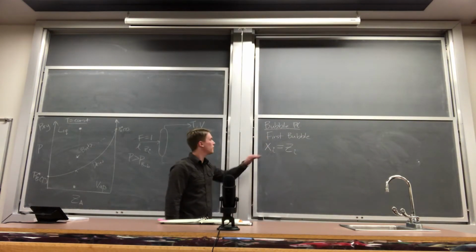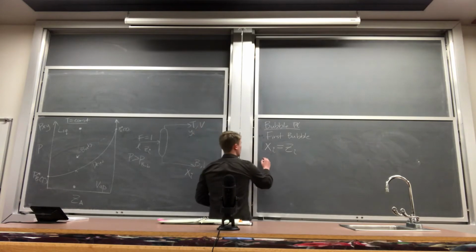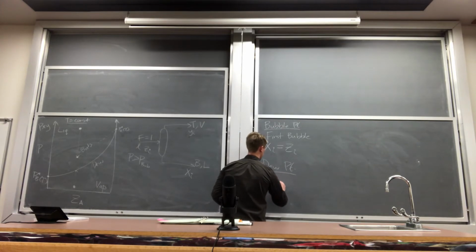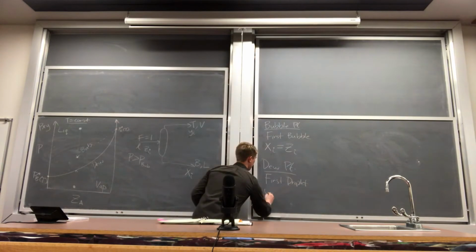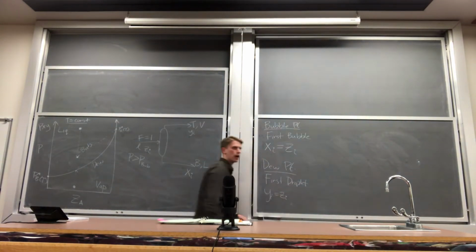This is the approximation that we rely on to perform our bubble point calculations. Conversely, the dew point, it's the first droplet, and the vapor phase composition is equal to the total composition of the system.